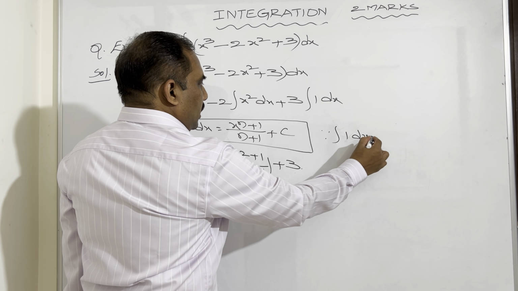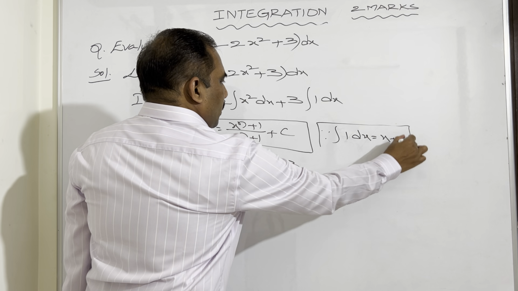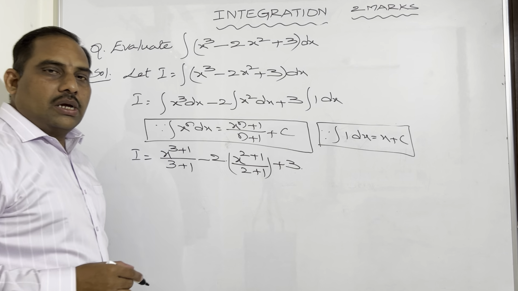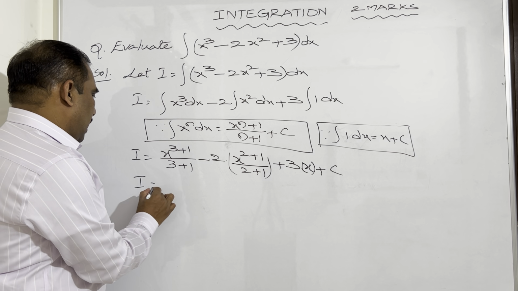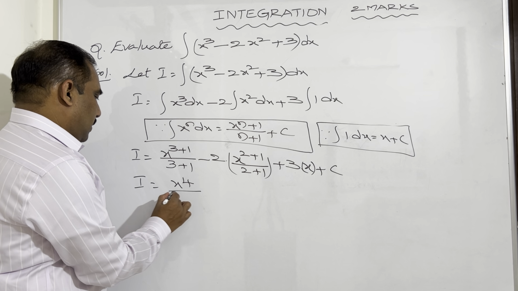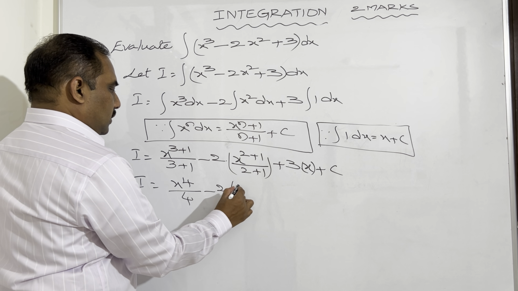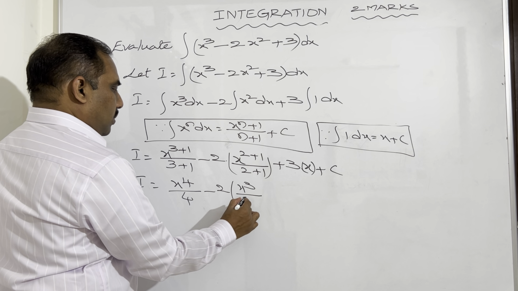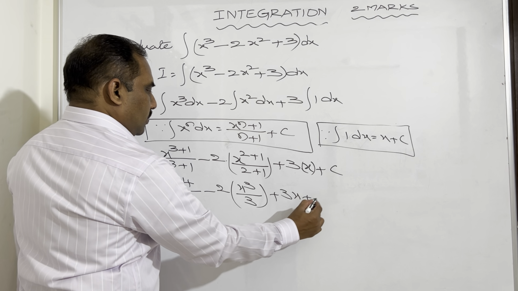Integral 1 dx is equal to x plus c. We know the standard form, integral 1 dx is x, plus c here, 3 into x. So finally it can be written as x power 4 by 4 minus 2 into x power 3 by 3 plus 3x plus c.